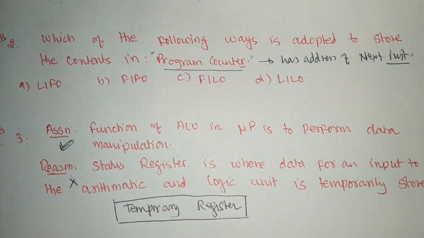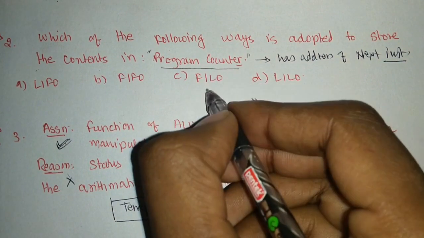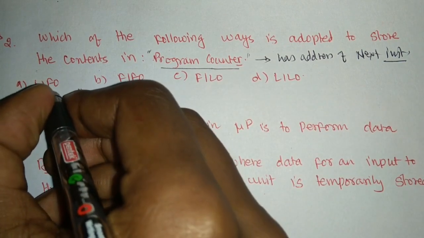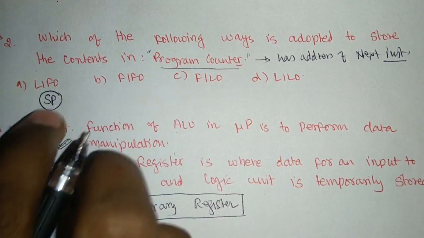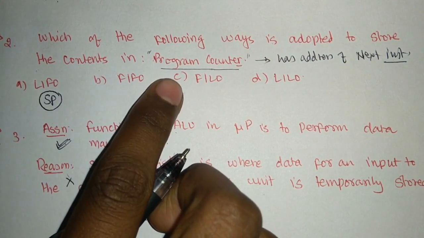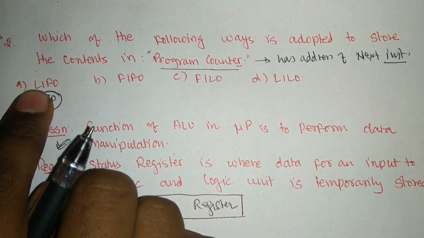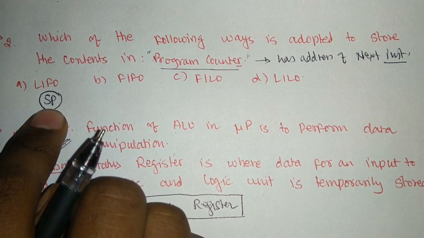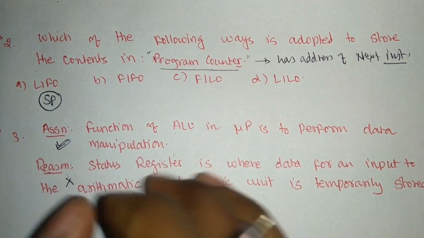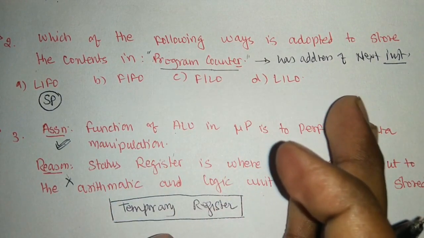Okay, if the question was about our stack pointer, if it was our SP, then last in first out would have been our answer here. That would have been our answer in case of stack pointer. But in case of a program counter, I don't know why they asked this question. In most of the places the answer given is LIFO itself, but that is for stack pointer, not for program counter. In fact, if you talk about the program counter, then it should be first in first out, because we are executing the program in a sequence.